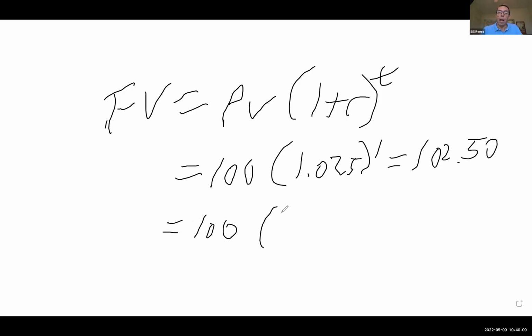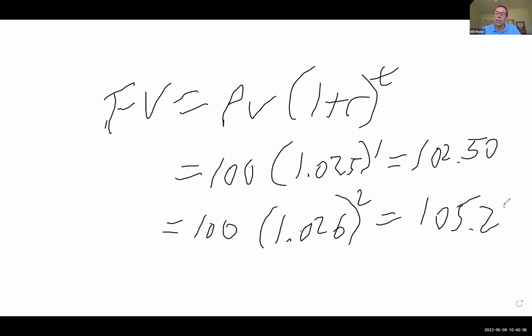So it's going to be multiplied by 1.026 squared, because you're getting 2.6% going from time 0 to time 1 and 2.6% going from 1 to time 2, because it's a 1-year treasury. So this one you probably can't do in your head. 100 times 1.026 squared, that's $105.27. And you can check that out in Excel if you want to.